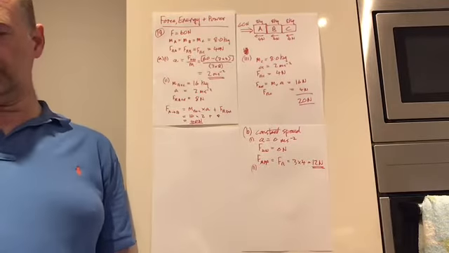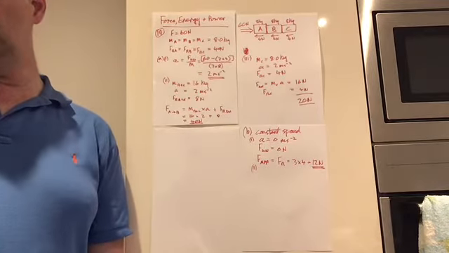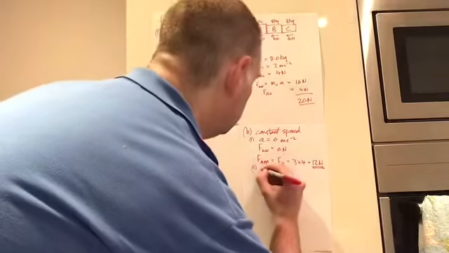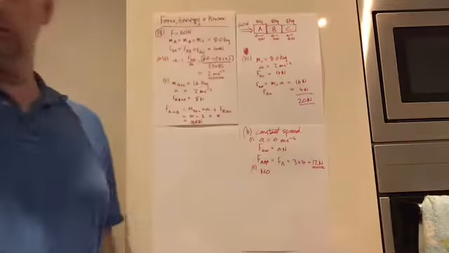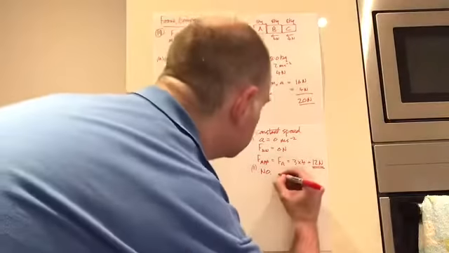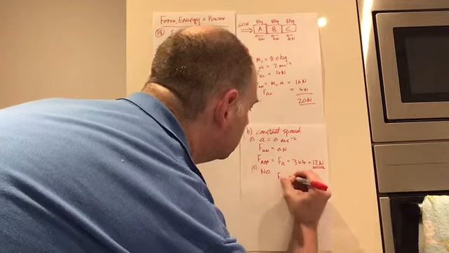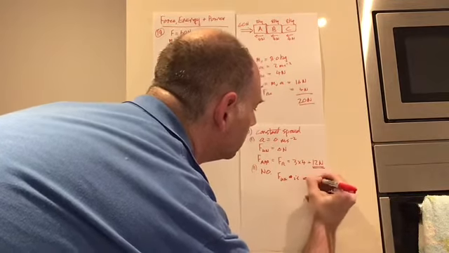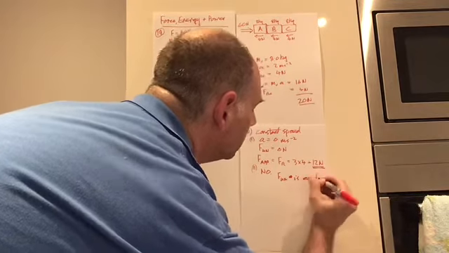And B part 2. We're asked, does the force that block A exerts on block B now equal the force that block B exerts on block C? No. Oh, it wants us to explain it. That's because the unbalanced force is equal. Well, it has to be since it's 0.